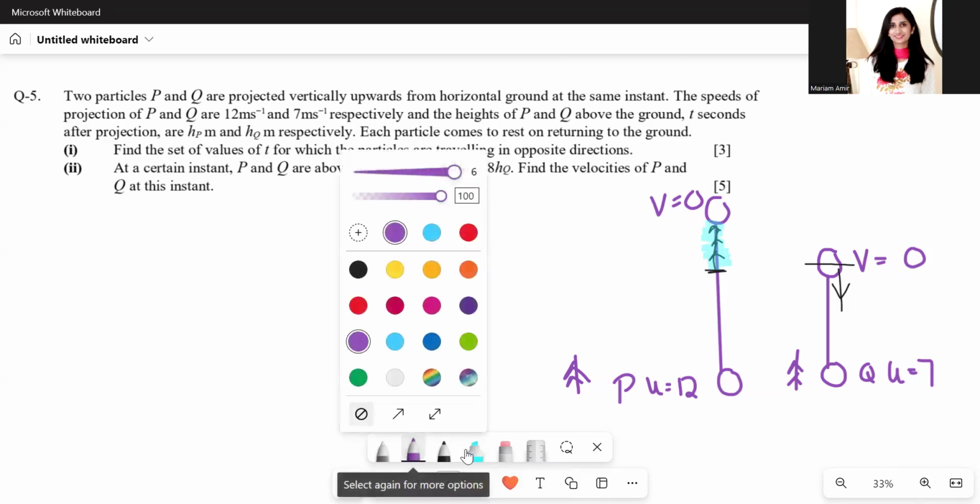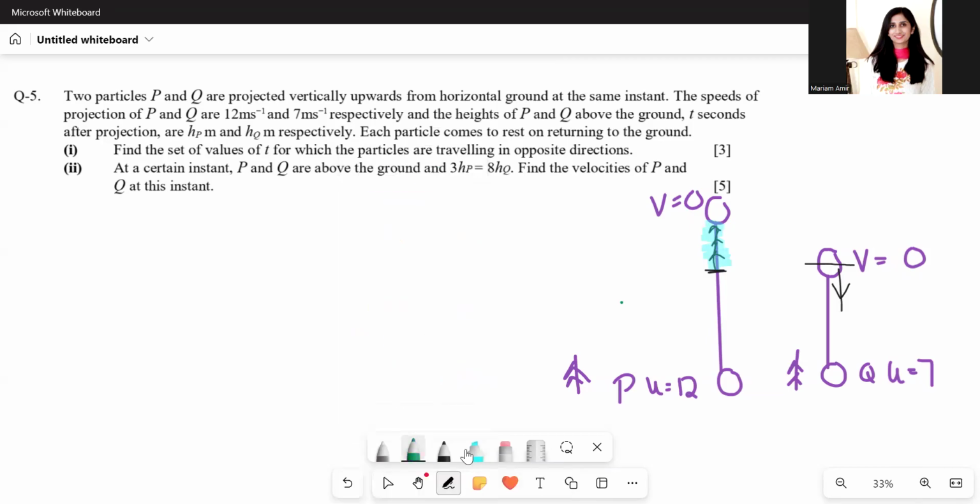What we're going to do is find the time at which particle Q reaches its maximum height and the time at which particle P reaches its maximum height, and then subtract these two times. That will get us the answer for part 1. That would be when the particles would be traveling in opposite directions, because this one would still be going upwards and this one would start going downwards.